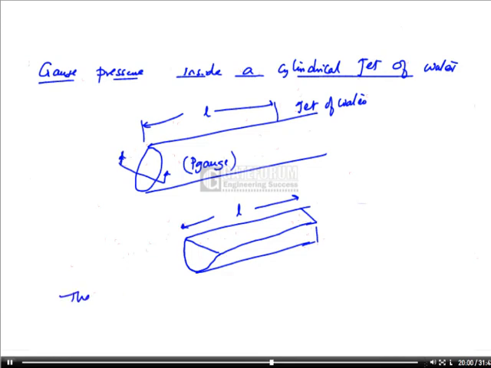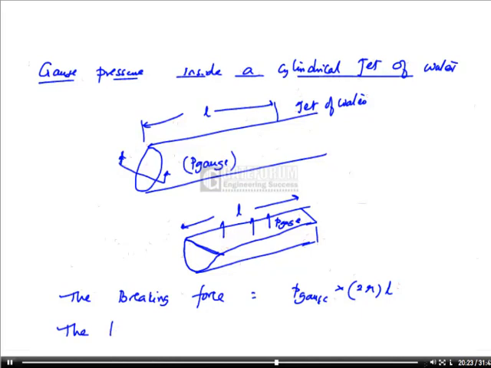So the breaking force, breaking the jet into two halves, is P gauge into the projected area, that is 2R into L. The balancing force is sigma into 2L newtons.